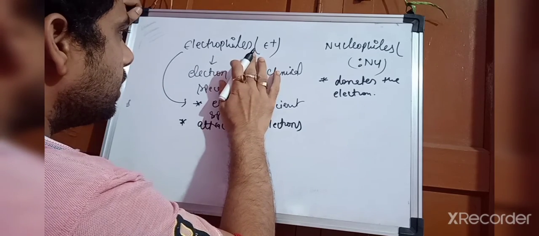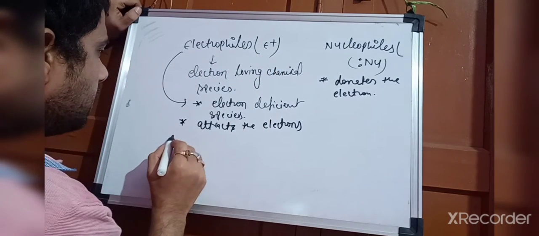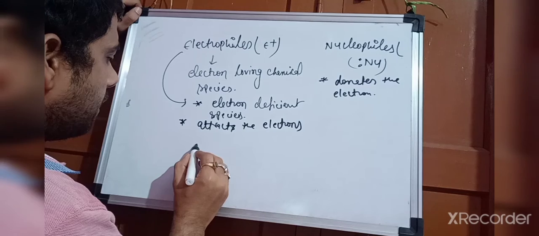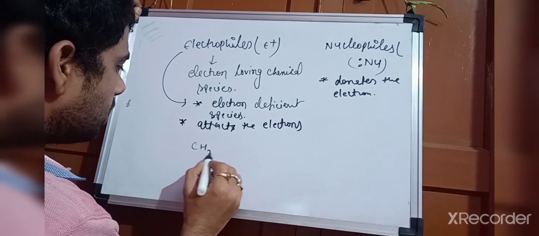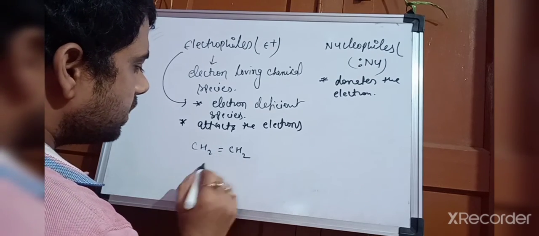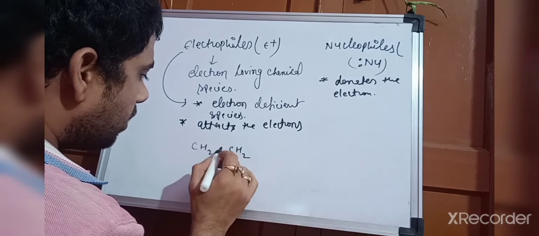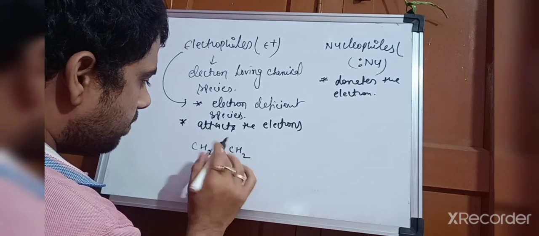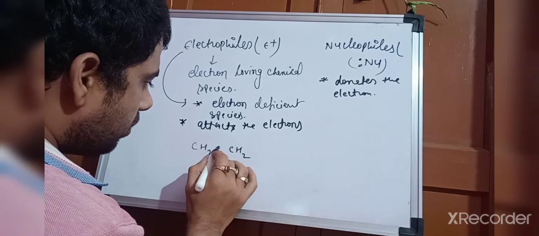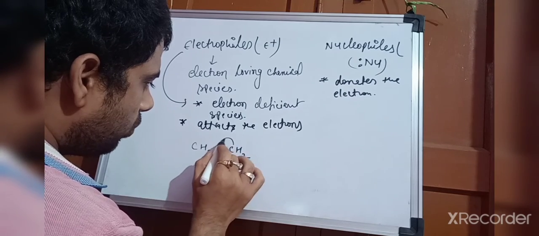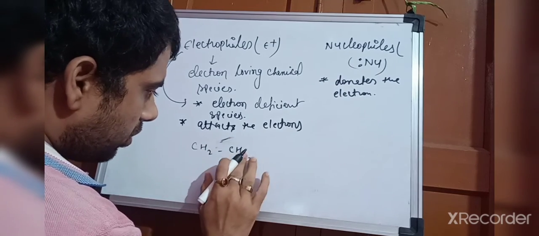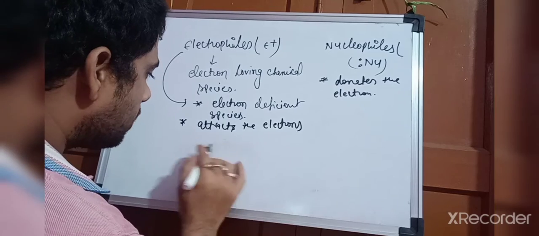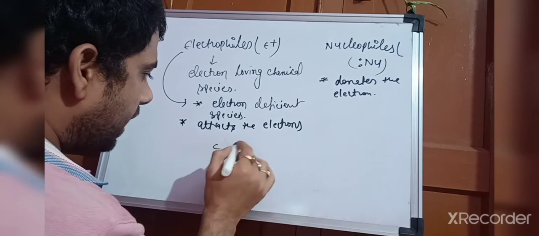Now if I take CH2 double bond CH2, and this bond breaks, the two electrons will move here. I am not showing the hydrogens here.